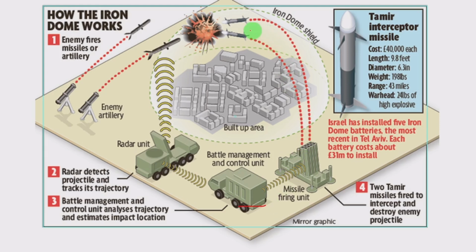After the control, the launched missile will hit the threat at a particular location before it reaches its target. That is the Iron Dome shield it can provide.